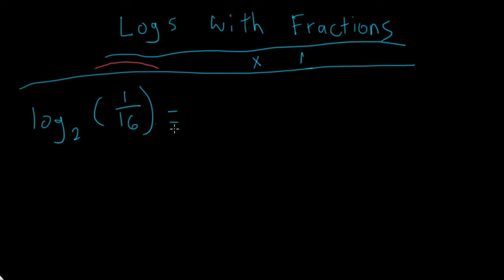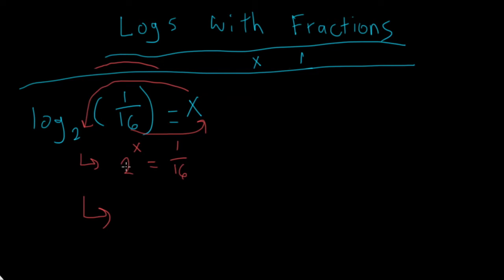All right, so hopefully you gave that a try. So what we're going to get here is log base 2 of 1/16 equal to x. So we're going to have 2 to the x power because this comes over here, it becomes a power, and then this comes over to your answer side. So 2 to the x power is equal to 1 over 16. Now from there, we say 2 to the power has to be negative because we're going to need a fraction.